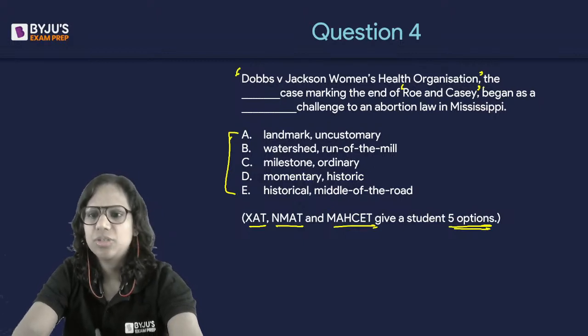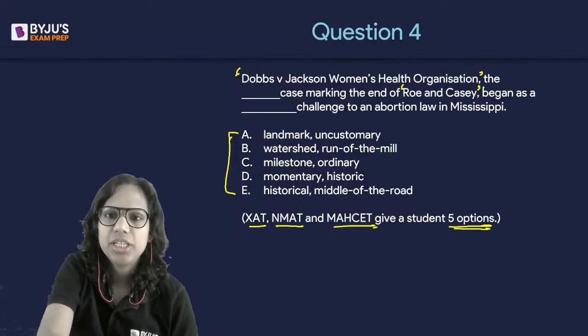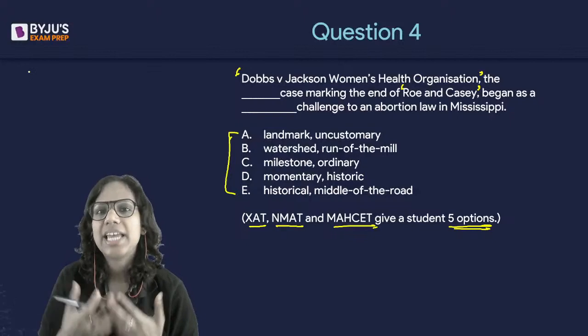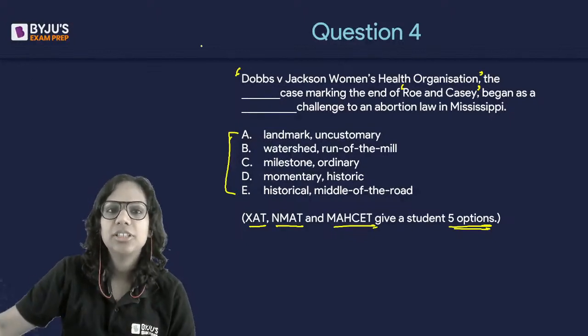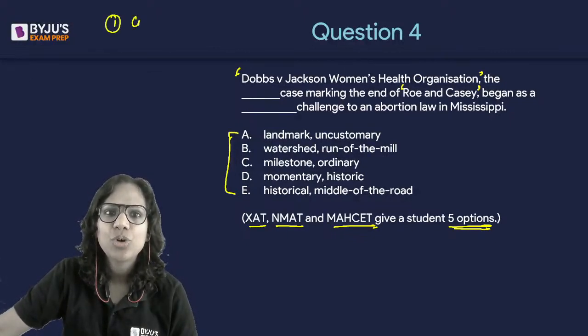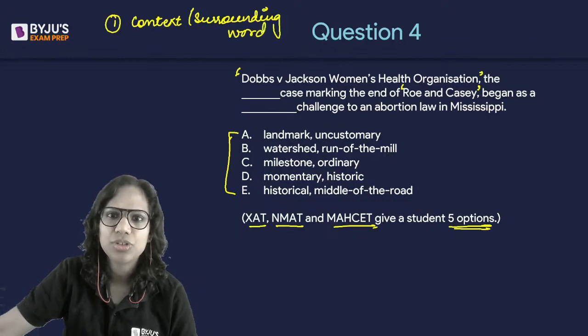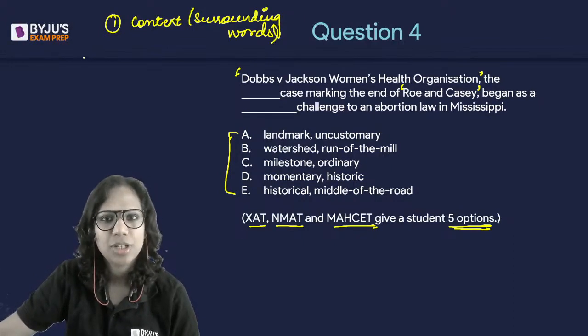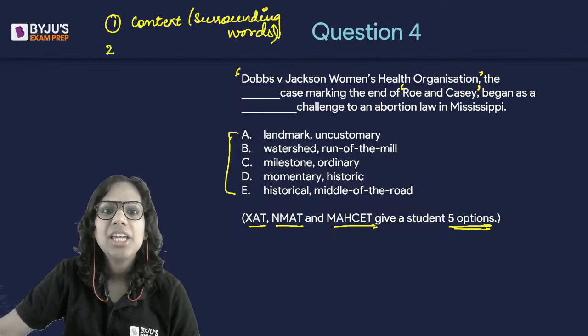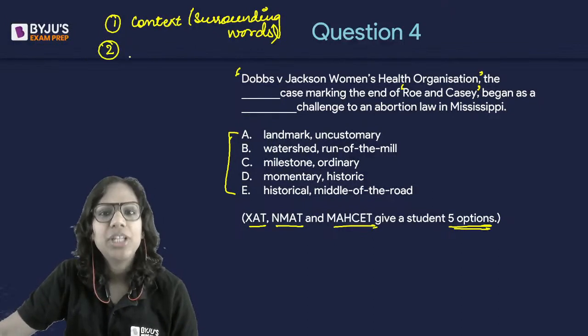Why I included this question today is to show you what all things help you in solving a fill in the blank question. So far what we have seen is that the context helps me, the surrounding words, right? I am marking answers on the basis of surrounding words, by interpreting them. Another thing that of course helps me is eliminating the options.